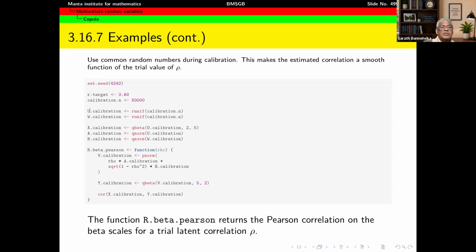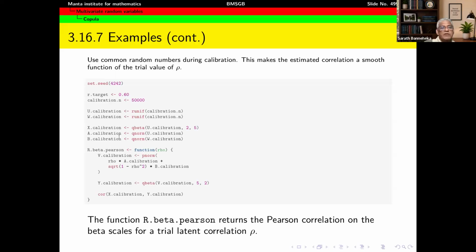Then these U calibration numbers are converted into beta 2, 5 random numbers, called X calibration, by calculating the inverse cumulative distribution function, in other words the quantile function, Q beta, evaluated at these U values. Right. So I'm going to keep that as X.